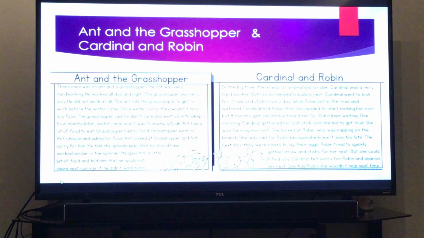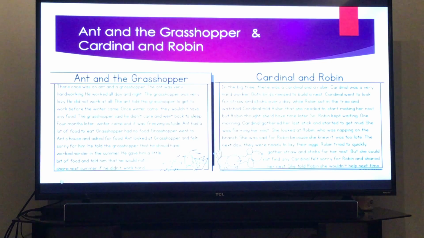In the big tree, there was a cardinal and a robin. Cardinal was a very hard worker. Both birds needed to build a nest. Cardinal went to look for straw and sticks every day, while Robin sat in her tree and watched.